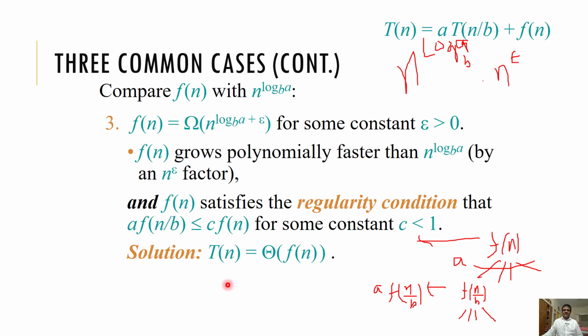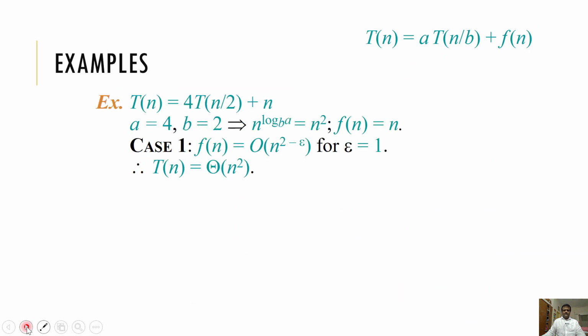So this is the runtime for case 3. But we have to remember to check the regularity condition. Now we will take a few examples and see how we can apply the master method, and then it will be more clear.